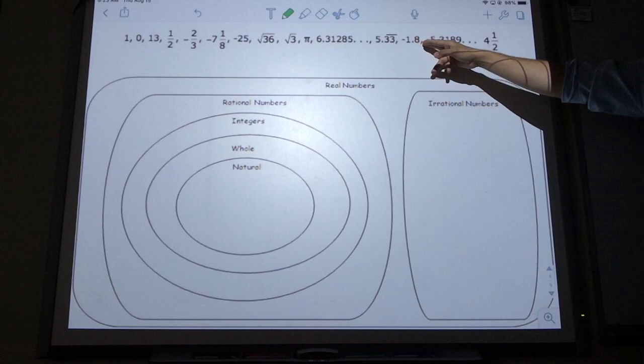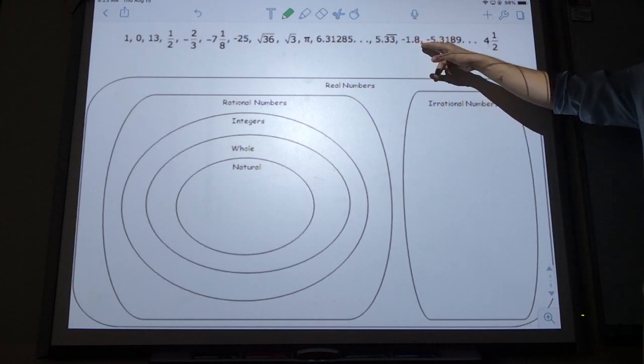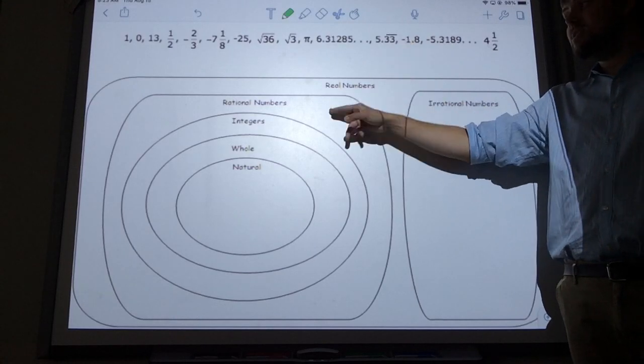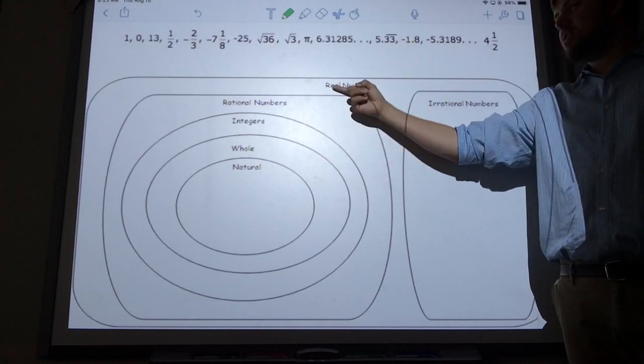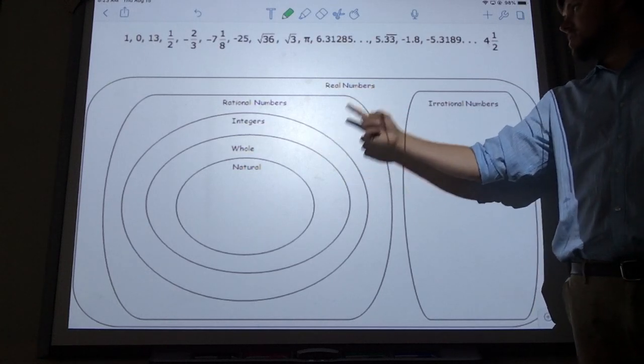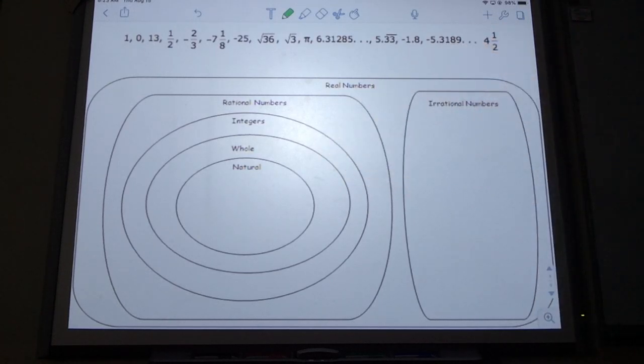irrational. What about this negative 1.8? Rational. Good. Remember that negative is allowed. Everything above integers allows negatives. But if it's a negative whole number, it goes in integers. Okay, and I think those other two are combined in the other stuff. This is irrational because it doesn't repeat, and this is a rational number because it is a fraction.